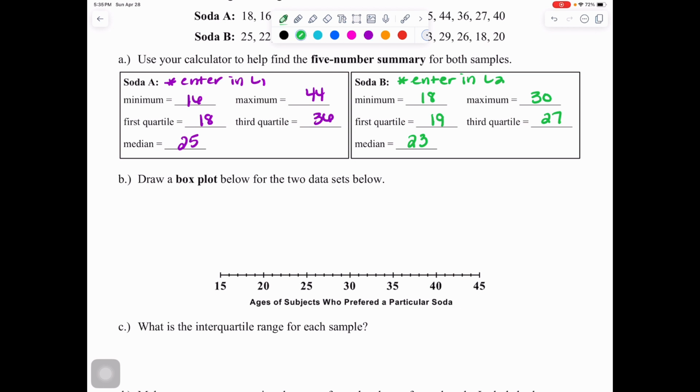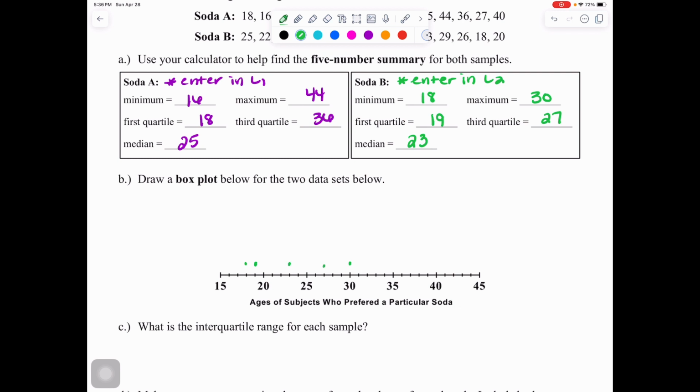So what you want to do is first mark those values from the 5-point summary. So your min was 18, so that's about here. Your max was 30, so that's here. Then you had a first quartile of 19, a third quartile of 27, and your median was 23.